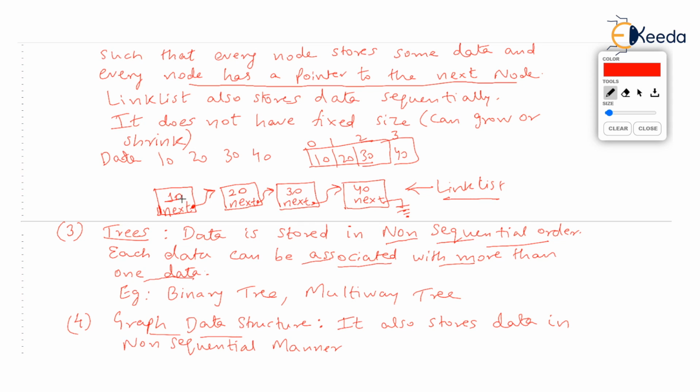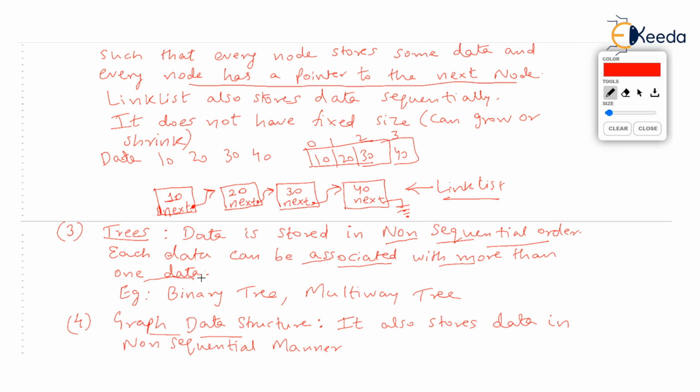See that 10 is associated only with 20 through the next pointer. But 10 is not associated with any other data, isn't it? Or let's see, 20 is associated with only one data, that is 30, the next data. So every data in a linked list is associated with only one data, whereas in a tree, one data value may be associated with more than one data value.